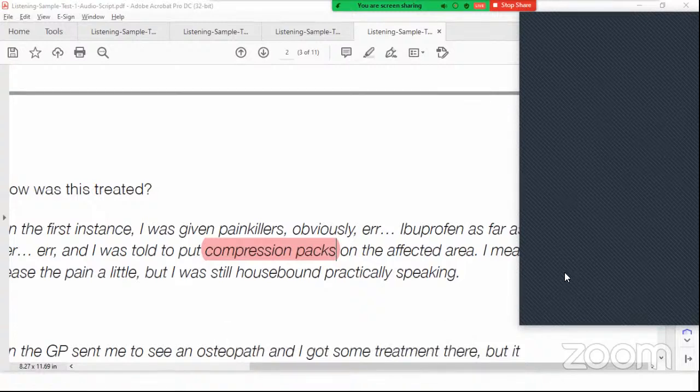It is meaningless because pack is a countable noun. Pack is a noun. A pack is singular and packs is plural. Don't you know whether it is countable or uncountable?